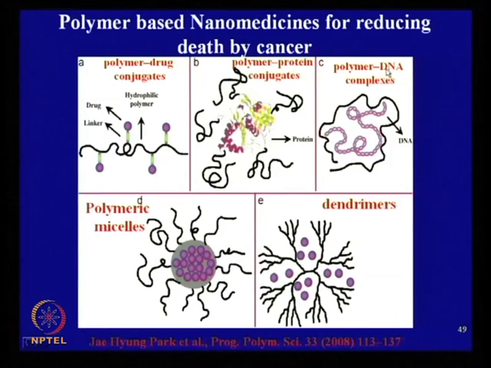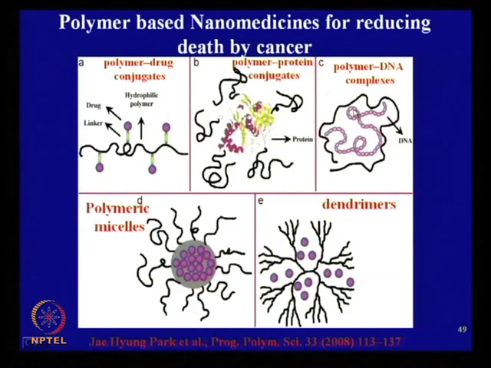Then DNA, sometimes DNA is used as a drug. If the DNA can be complexed with polymer, you know what chemical complexes are? You know what kind of bonds are present in chemical complexes, complex molecules. So, this DNA molecule can be encapsulated or somehow enclosed by complexation.